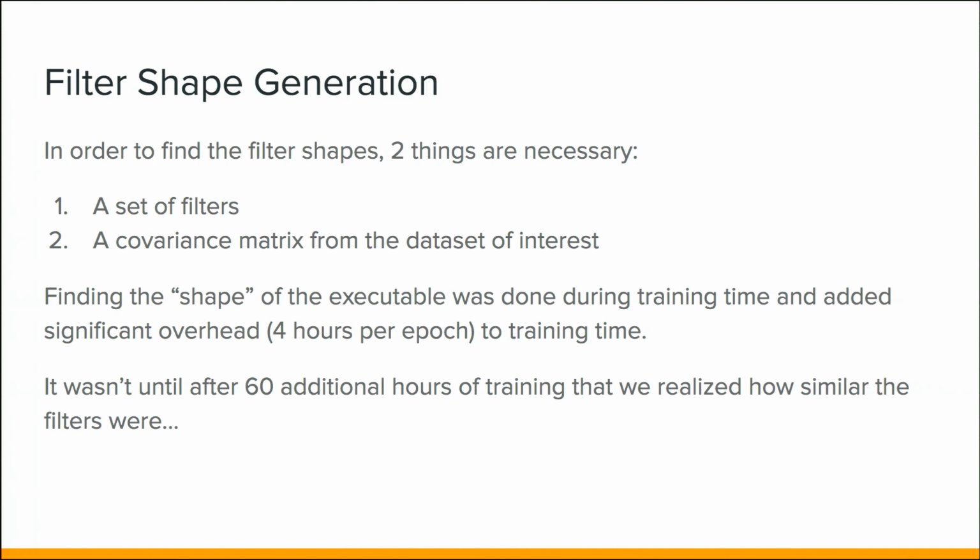So to jump back into that transfer, we wanted to generate this filter shape because, in a standard convnet, you have these rectangular filters. If you write your Keras Conv1D, you get a rectangular filter of whatever size you specify, a 3x3 or a 5x5 or what have you.